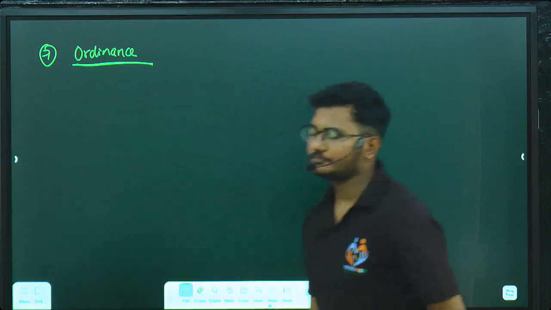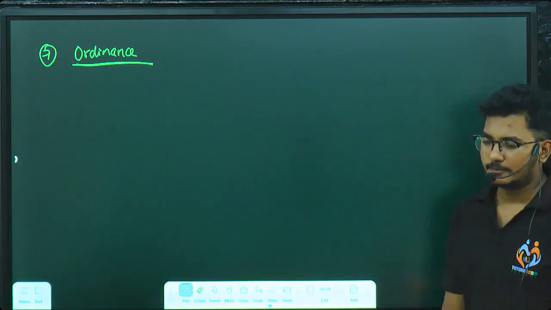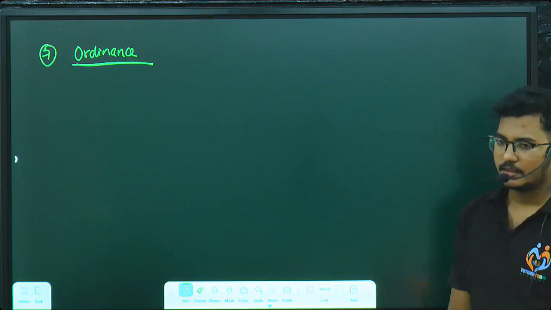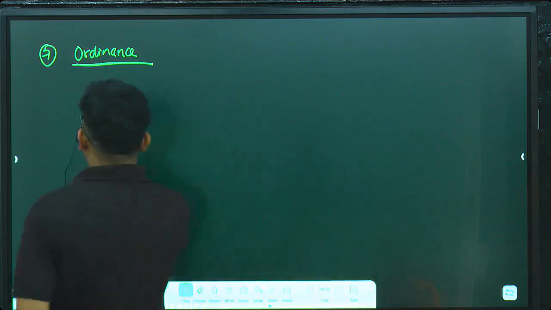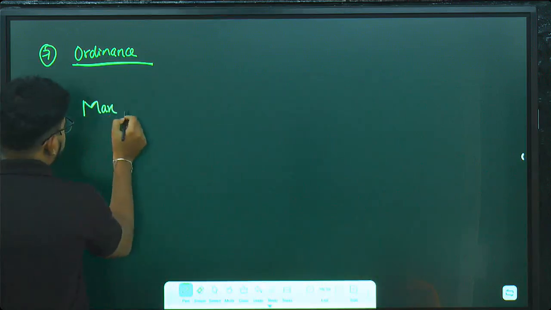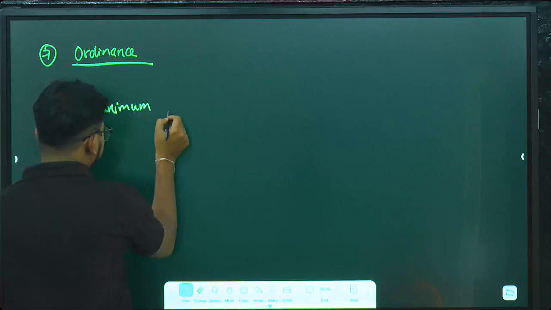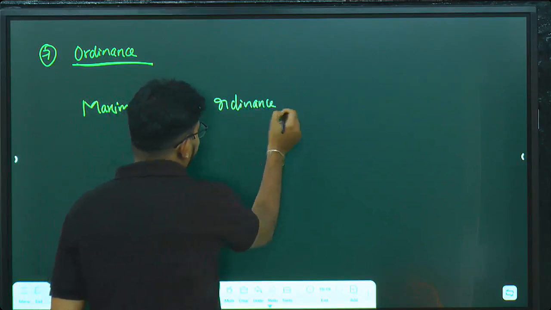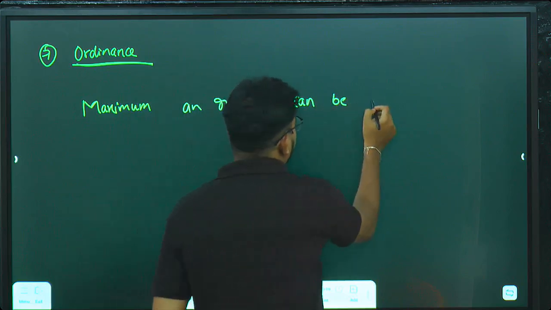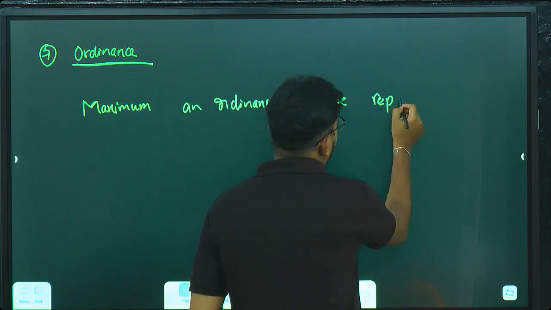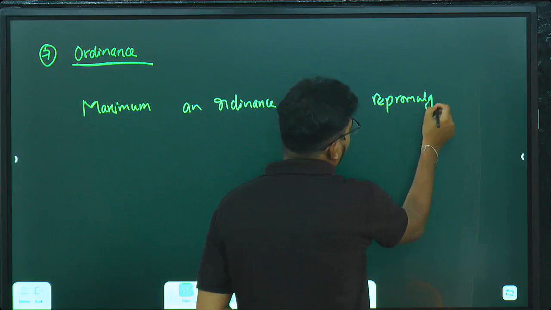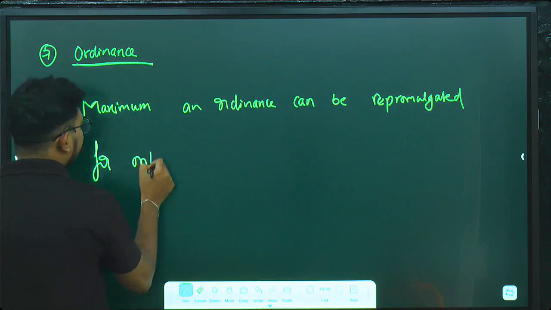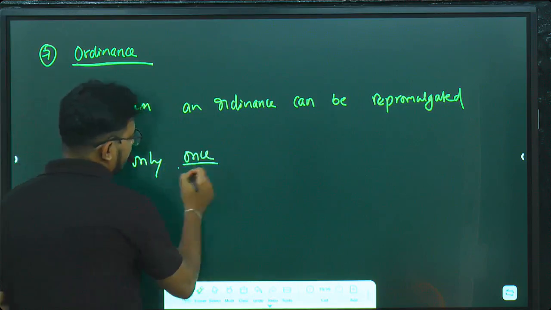Ordinance: maximum, an ordinance can be repromulgated only once.